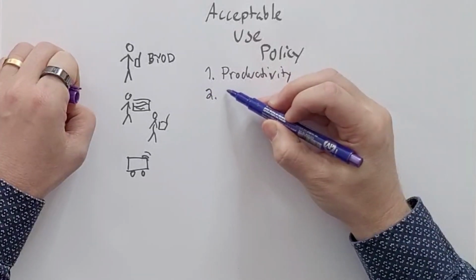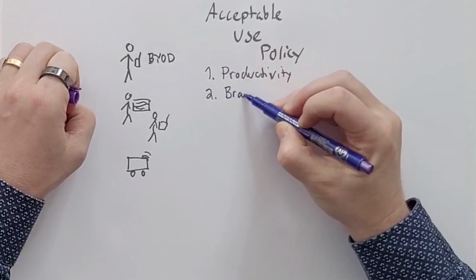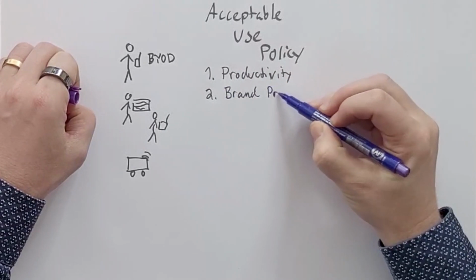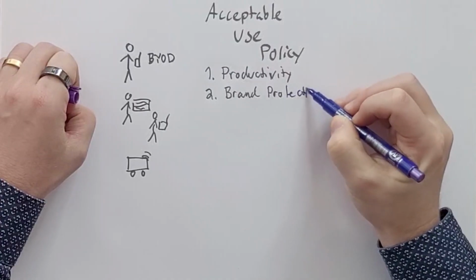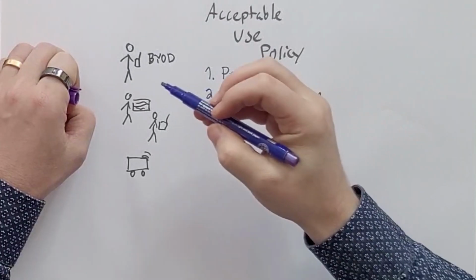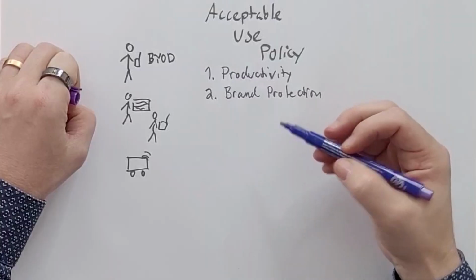You also want to have a look at brand protection. What your employees are doing online, creating a footprint, could reflect badly on your brand. Especially some brands are more sensitive than others, depending on what the enterprise's main business is.